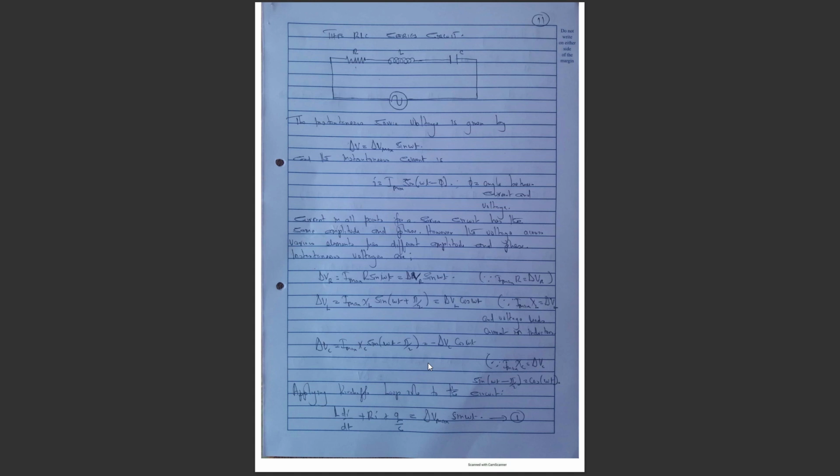From Kirchhoff's rule, remember our voltage at inductance was given by inductance multiplied by change in current, which we get here as L di over dt. Then Ri, which is the voltage at resistance, then Q over C, which is the voltage at the capacitance, which must be equal to our total voltage, which is dV max sine omega t. Simple.